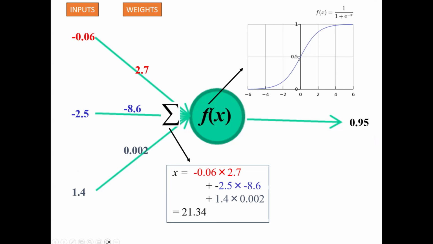And around 0, so if the sum is at least 0, then the activation value, so the output, becomes greater than 0.5. And then at some point, whatever you do, it doesn't become larger because 1 is the upper limit. So in our case, for example, since it's 21, that would be somewhere around here, and the value that we get is close to 1. So as an example, 0.95.